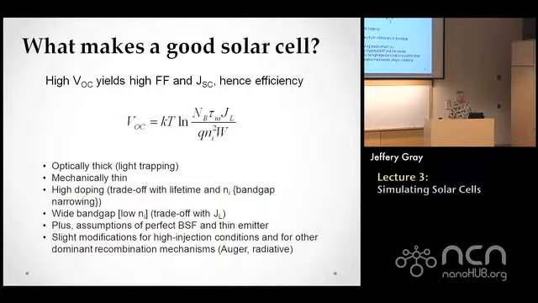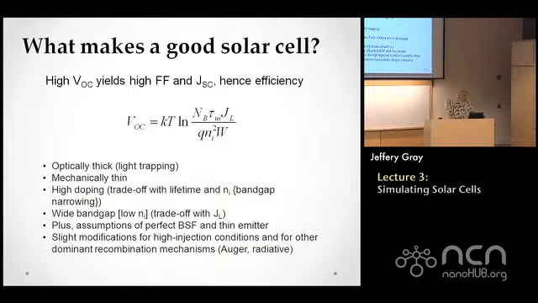Ni squared, you think, well, I can't do much about that, but you can, because while silicon has a particular Ni squared, a wider bandgap material is going to have a lower Ni squared. And so gallium arsenide has a wider bandgap, it's going to have a lower Ni, and therefore it's going to have a higher open circuit voltage.